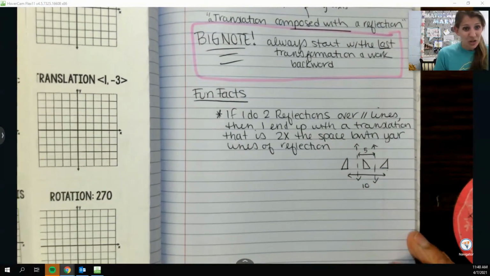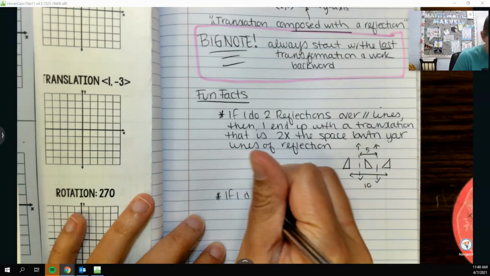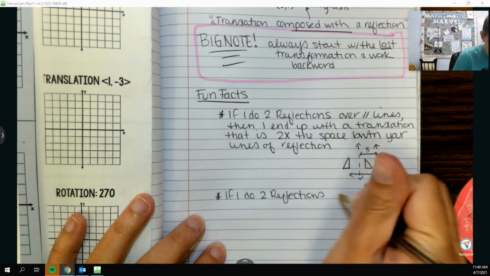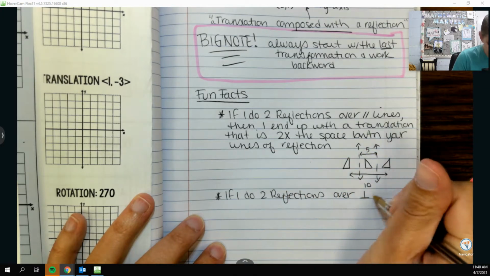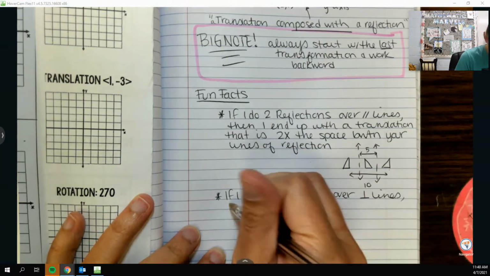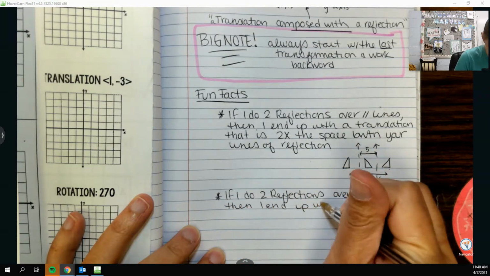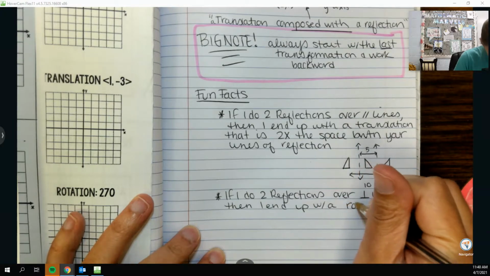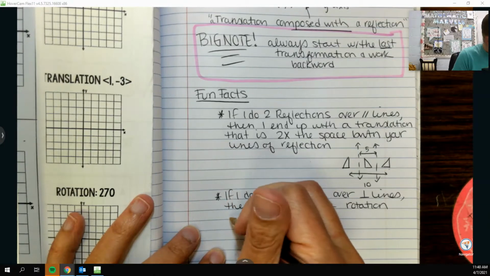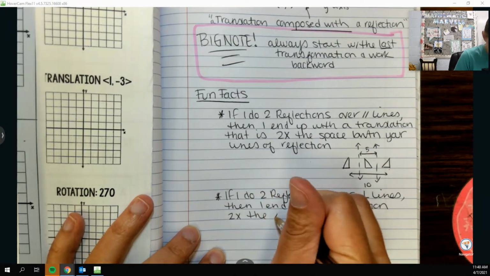And then the other really interesting thing that happens, again with reflections: if I do 2 reflections over perpendicular lines, then I end up with a rotation, which is so neat, that is 2 times the angle.